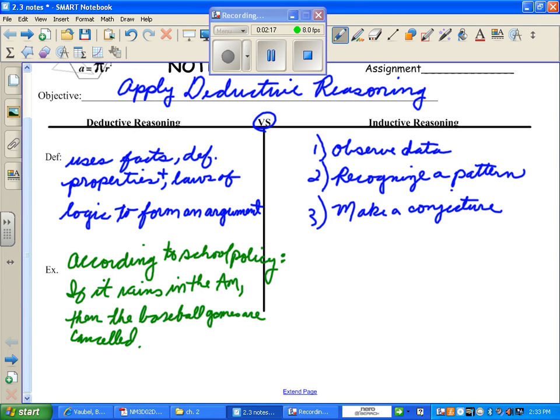Okay, so here's what we know. We have the baseball game was not canceled, so what do we know? The baseball game was not canceled.